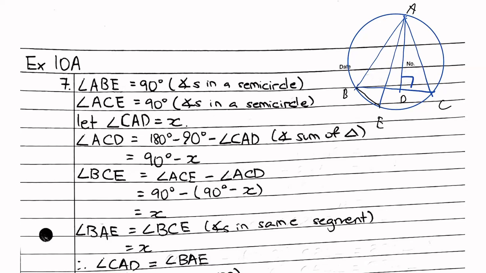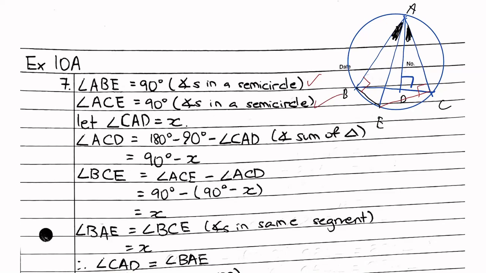You want to show the angle CAD equals BAE, is it? CAD is here, BAE is here. I'll show that they are equal. Let me see your working. ABE is 90 degrees. Yeah, correct, because AE is a diameter. ACE is 90 degrees, correct, because it's a diameter.